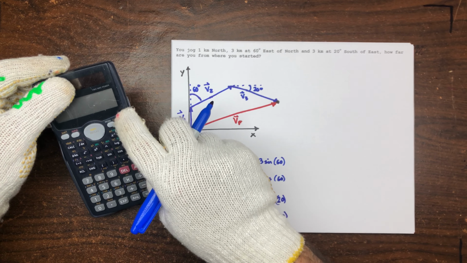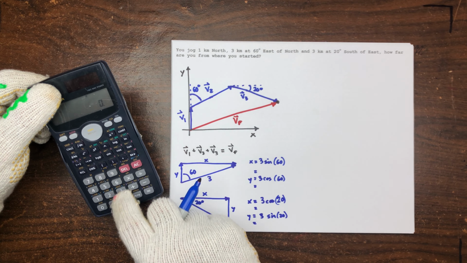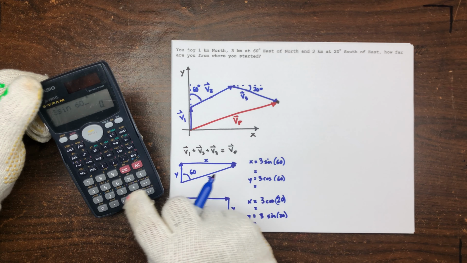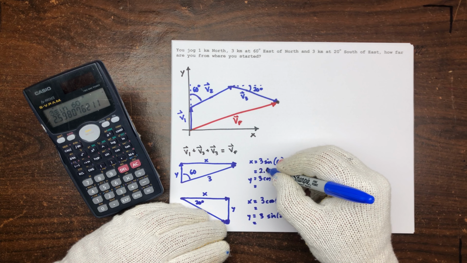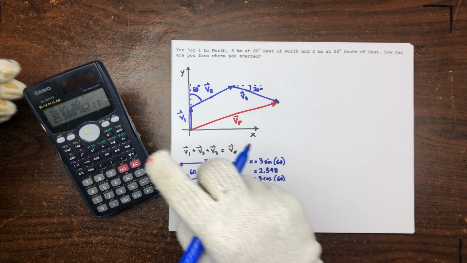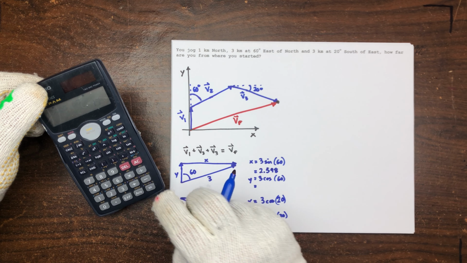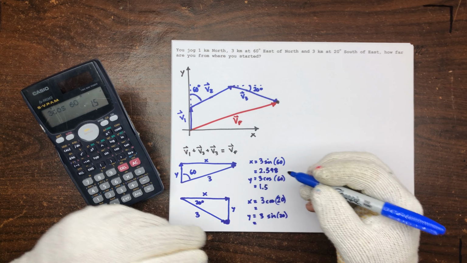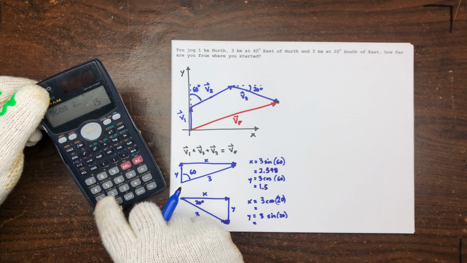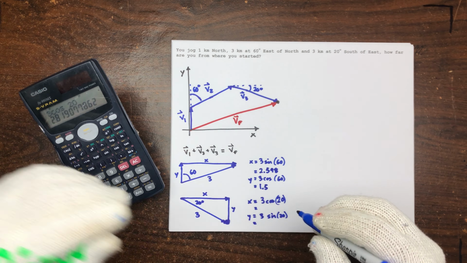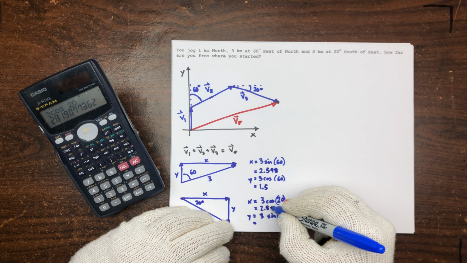So let's figure out those values here. 3 sine 60 is 2.598. 3 cosine 60, 1.5. 3 cosine 20, 2.819. 3 sine 20, 1.026.